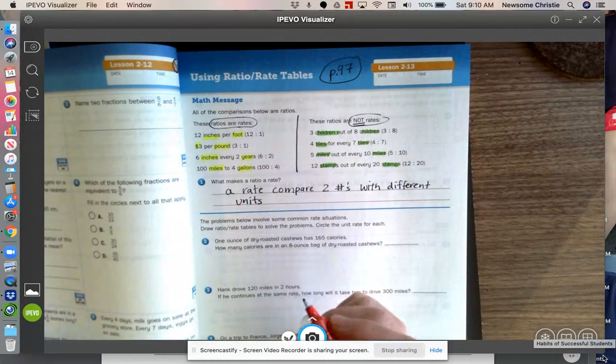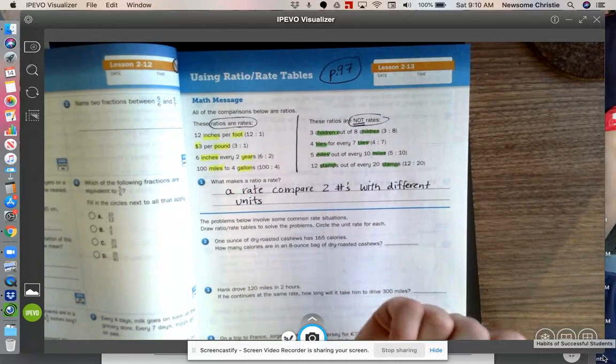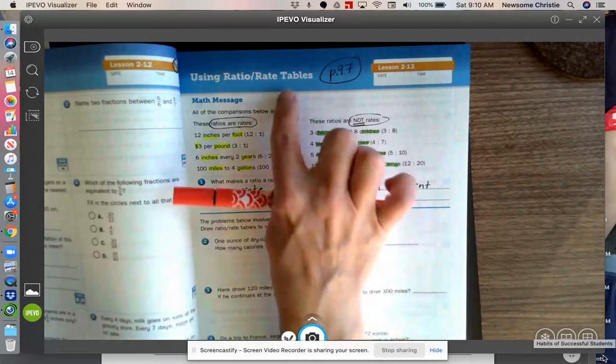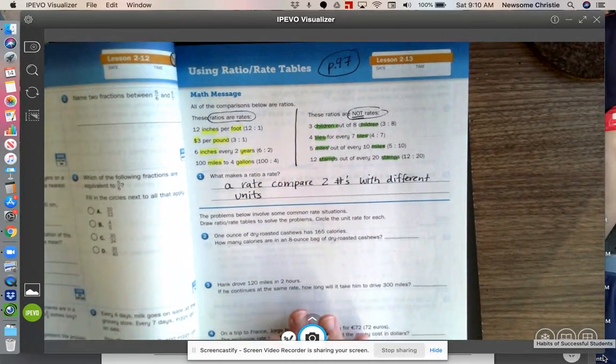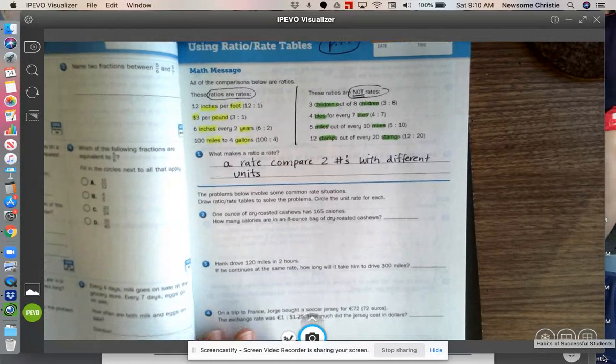Okay, so it's like miles per hour, inches per foot. It's like you're comparing those two things. And so today we're going to be working with ratio rate tables. We're going to be comparing things with different units and solving some problems with those.